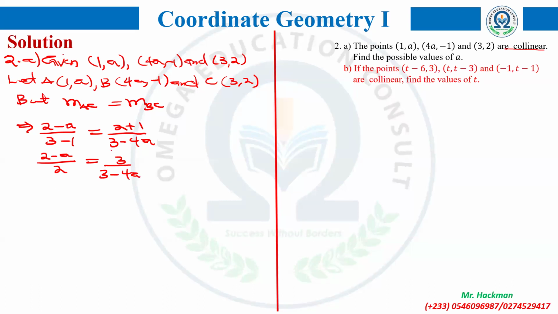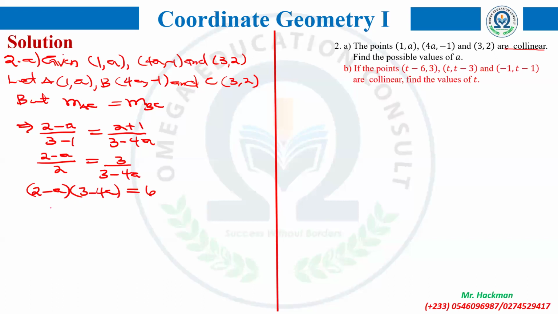And I've told you, avoid using lines to indicate your cross multiplication. Do that mentally. So this will give us the whole of this one times this. So I'm going to write 2 minus a, because it's a binomial, I put it in brackets. And this also is a binomial, I do the same to it. And that must be equal to 2 times 3, which you know is 6. So you can write it straight away rather than writing 2 times 3.